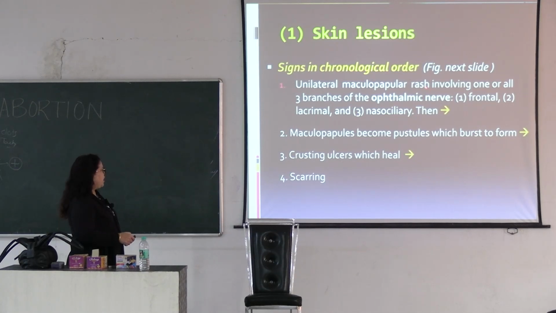After eruption of the maculopapular rash, it becomes a pustule, it bursts and forms a crust-like ulceration, and after healing, scarring occurs. So this is the process from eruption to the formation of scarring.